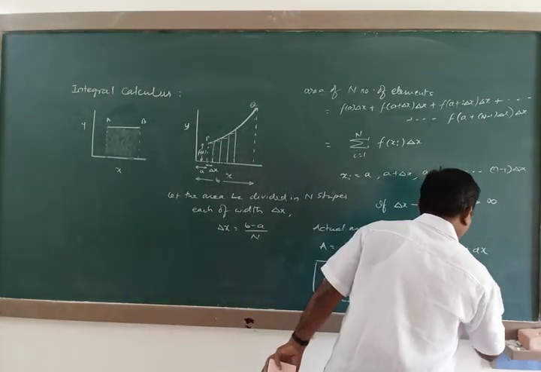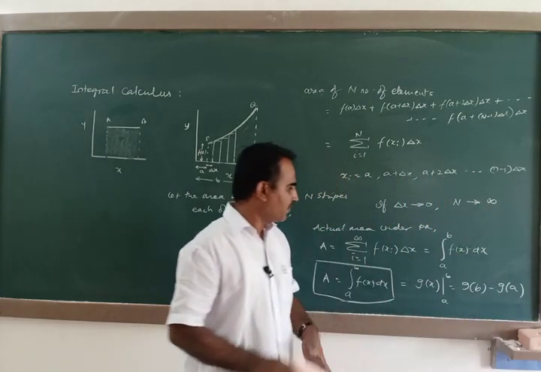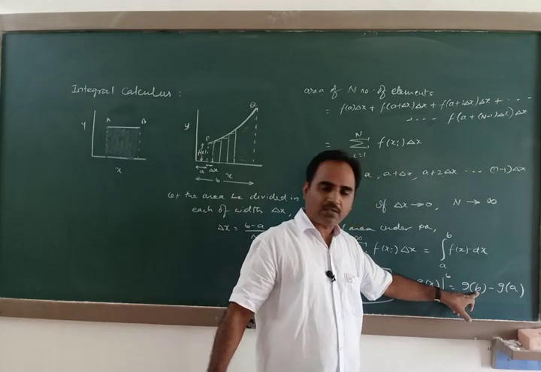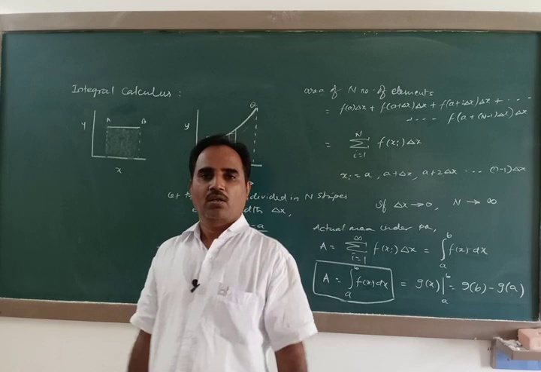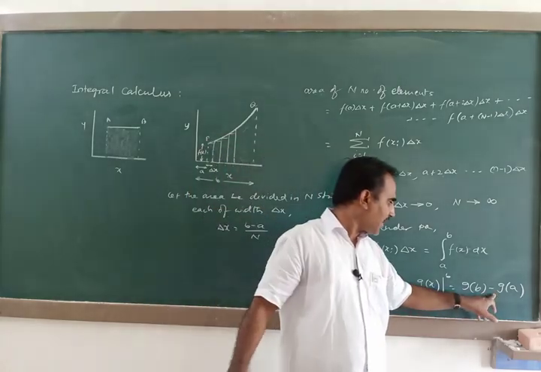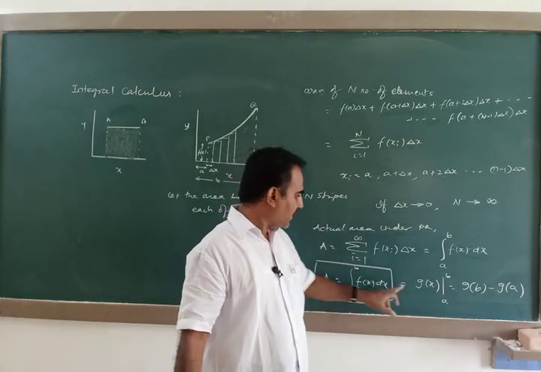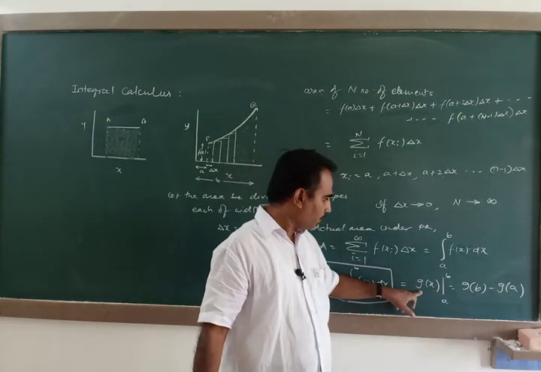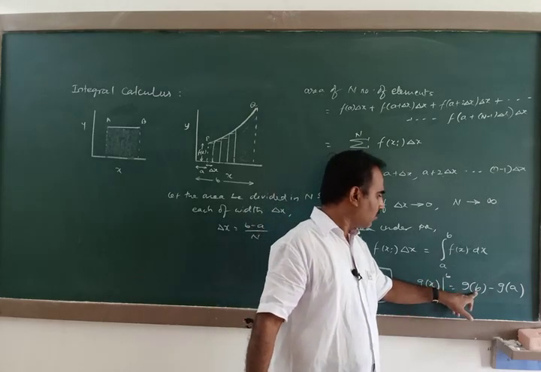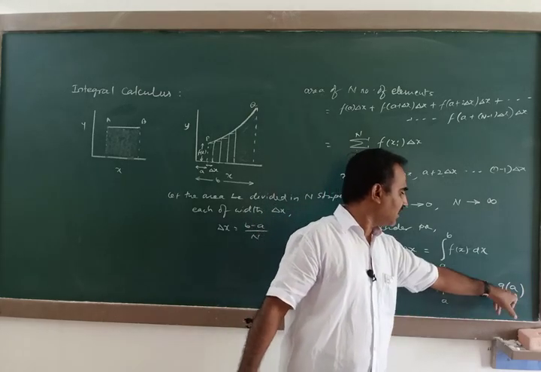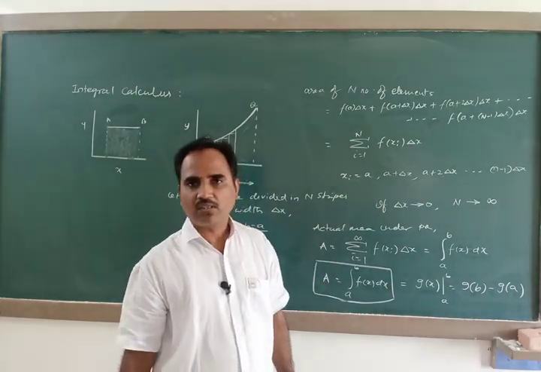So therefore, in this function, first you have to substitute the upper limit, subtract it, and substitute the lower limit. After integrating f(x), in the resulting function first substitute the upper limit, then subtract the value at the lower limit. That gives the value of this area.